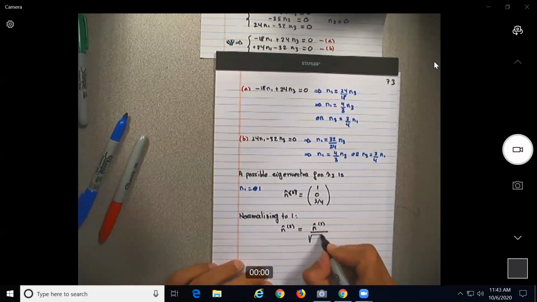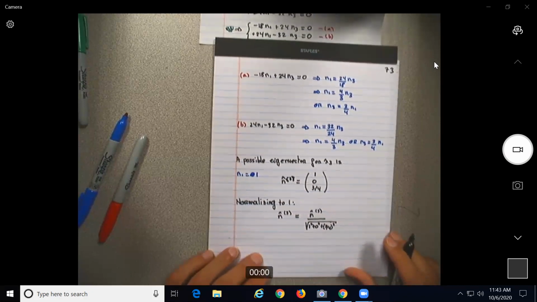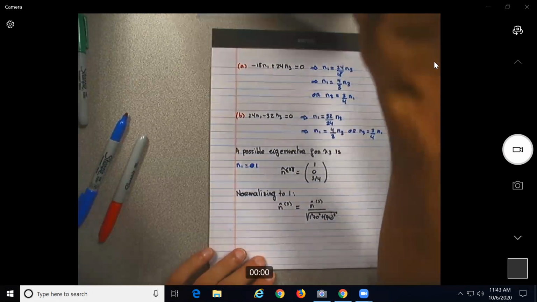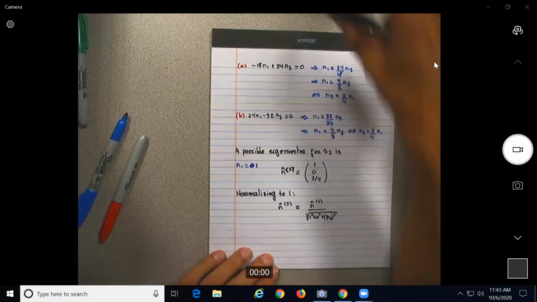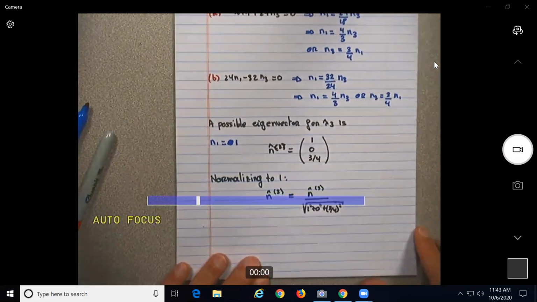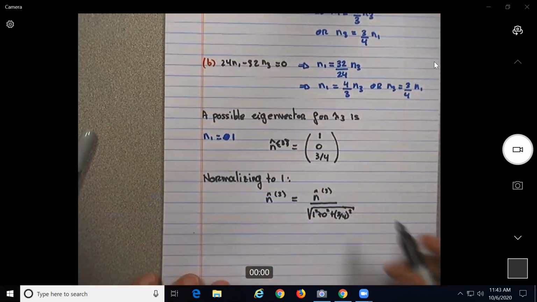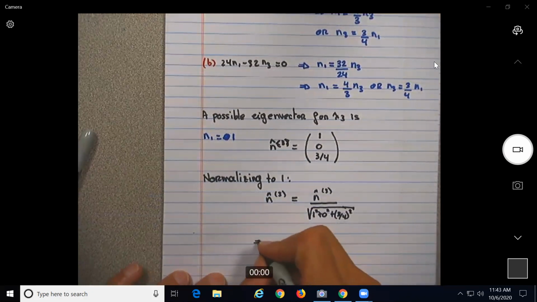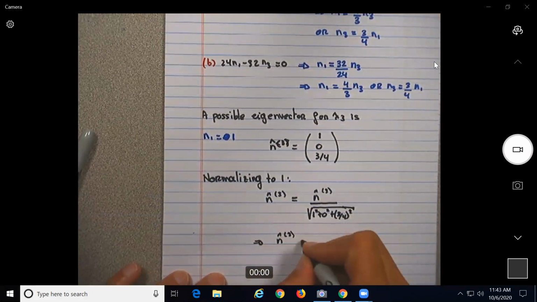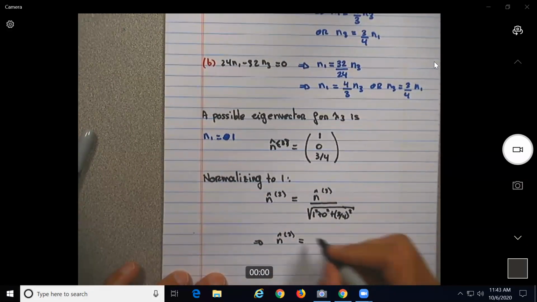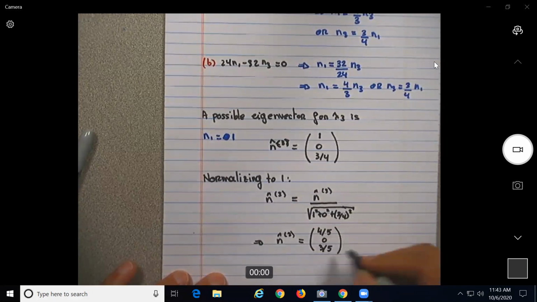Which is the square root of 1 squared plus 0 squared plus 3/4 squared. Maybe I can zoom that. Sure, let me know. Feel better that way? All right, so if you do this, what you get at the end is n3 normalized equal to (4/5, 0, 3/5).